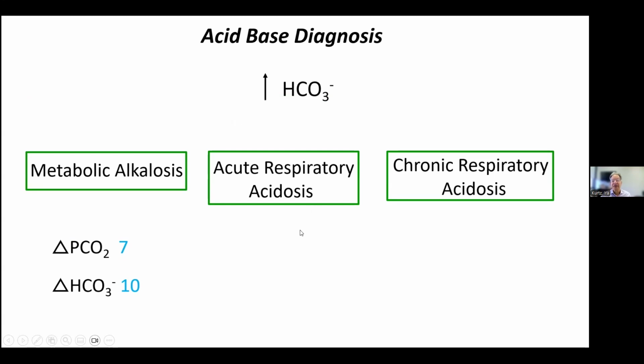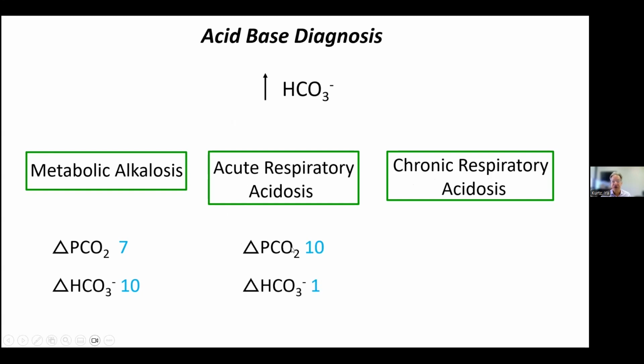And again, like respiratory alkalosis, we divide respiratory acidosis up temporally into acute and chronic. So again, when you're diagnosing a respiratory acid-base disorder, it's not sufficient, if you have the information, to say just respiratory acidosis. You also have to have a word prior to that, a temporal word, acute or chronic.